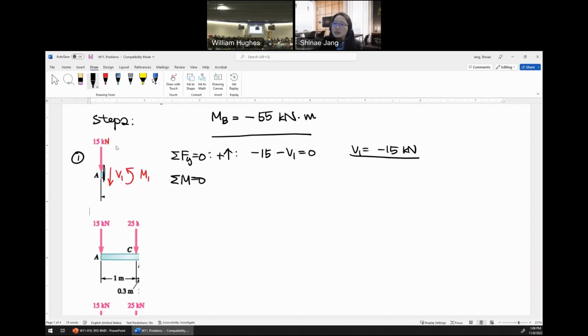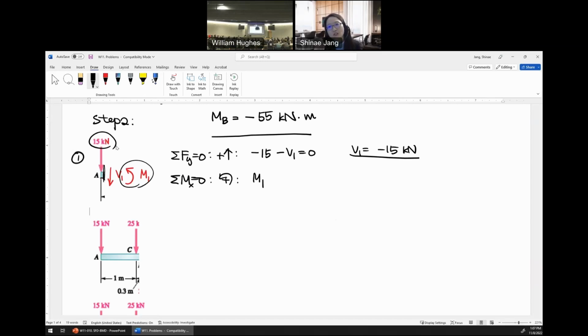Okay, and then the moment equilibrium equation about this cut section. I add this one as x, the cut, right? Counterclockwise is positive. Then we add M1 as is because it's assumed as the positive direction, right? And then the moment induced by 15 kilonewton: 15 kilonewton times this distance.